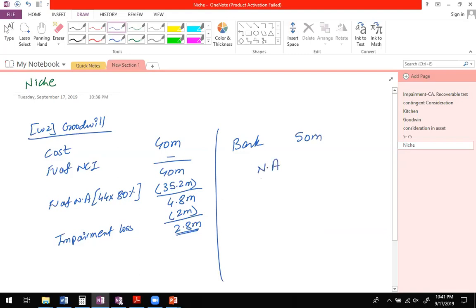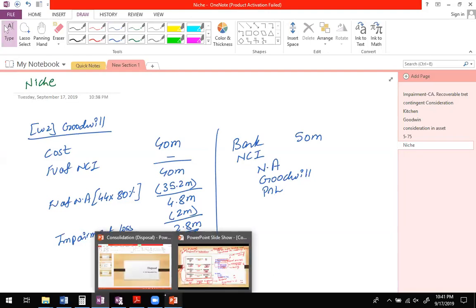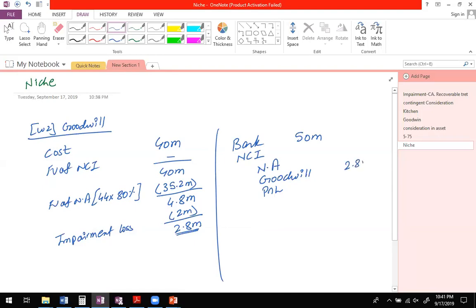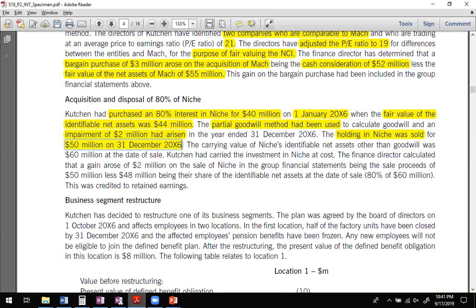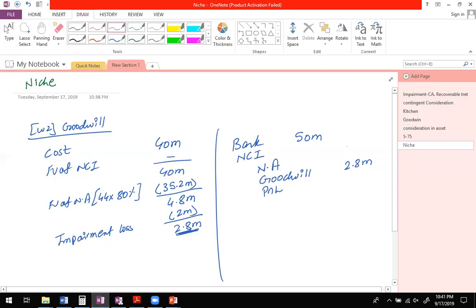To de-recognize the subsidiary, we should credit the net assets, we should credit the goodwill, and we should debit the NCI, with the balancing figure taken to P&L either as a gain or as a loss. So goodwill, we have already got $2.8 million, which we have calculated over here. The question further says that the carrying value of Niche's identifiable net assets other than goodwill was $60 million at the date of sale. So the question has also given us the net assets of $60 million. So we just need the NCI, and the balancing figure of P&L.